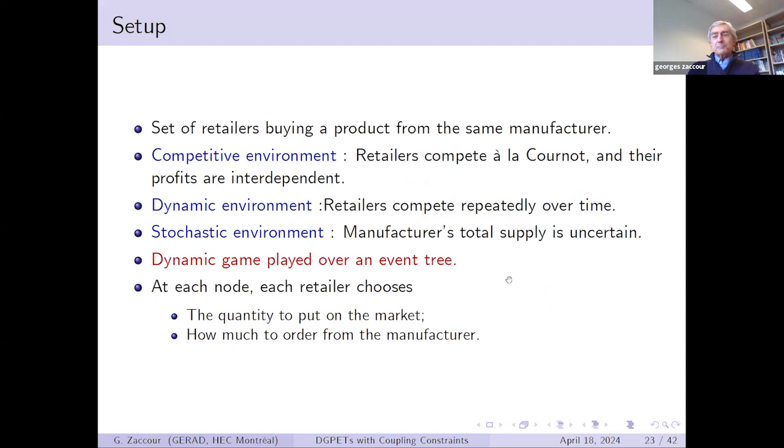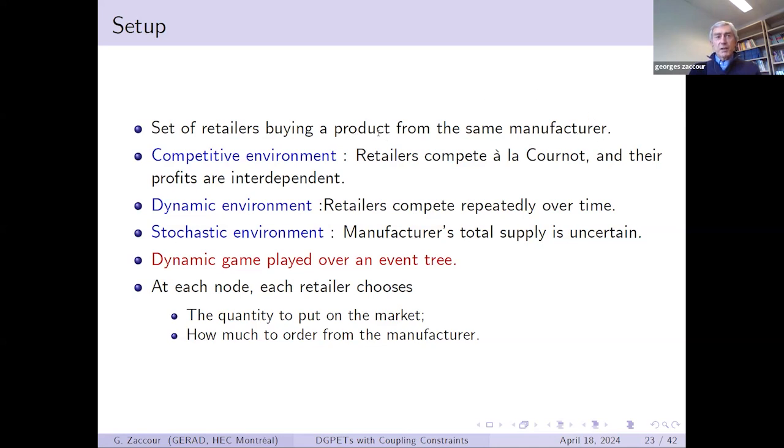Okay, so the story I'm going to tell here is somehow inspired by what we lived during the pandemic, namely that we witnessed some shortages in some markets and some supply chains were perturbed. So the story goes as follows. We have a set of sellers, retailers, buying a product from a common manufacturer.